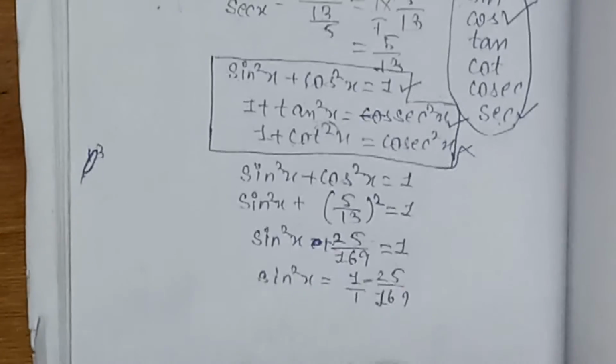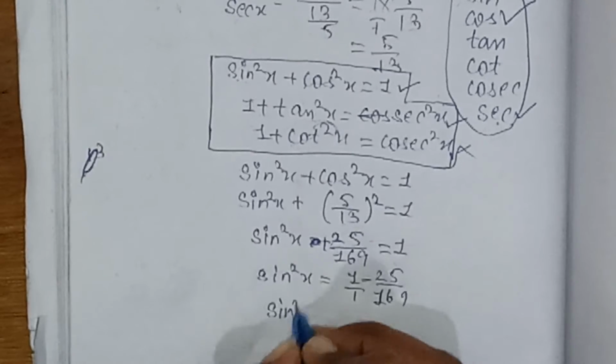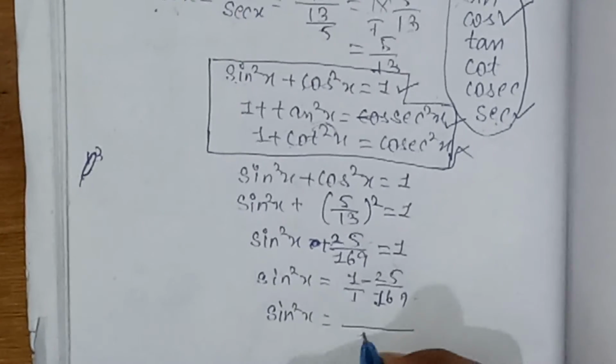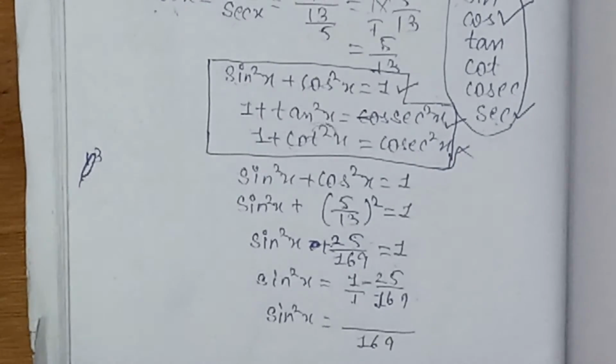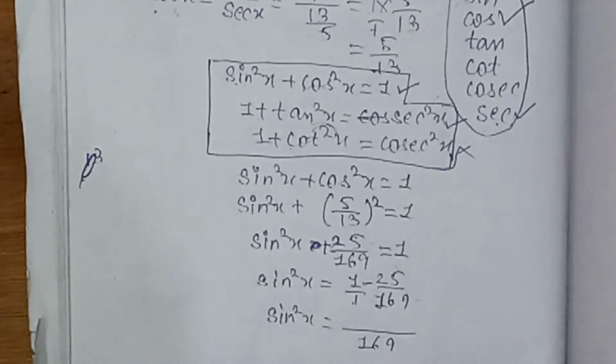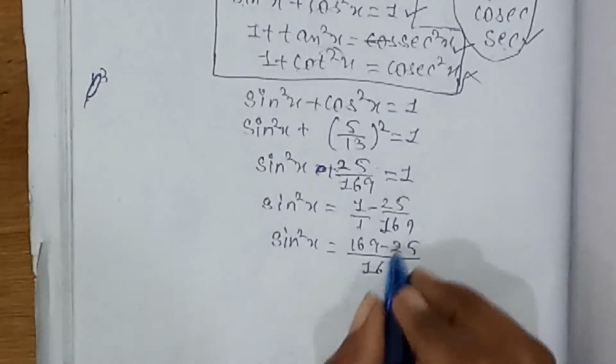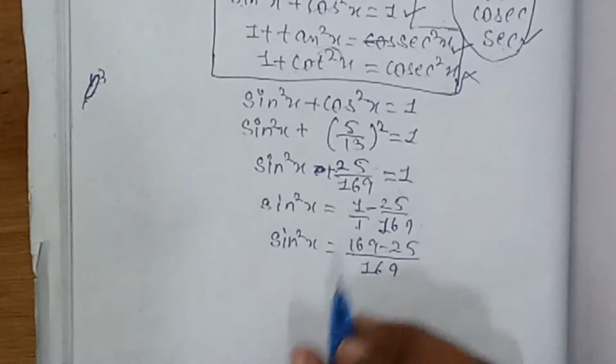Taking the LCM, which is 169, we get 169 minus 25.